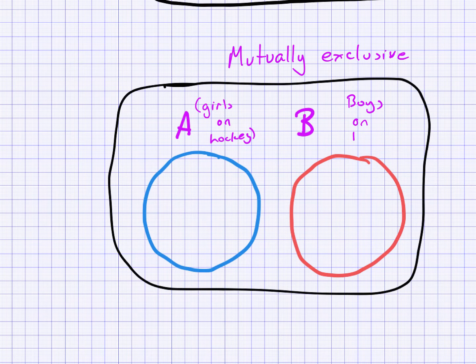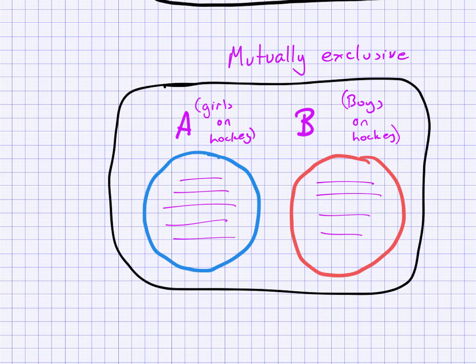All right, so you can see that there are going to be no crossovers in that region. These are going to be all the people on this team, and these are going to be all the people on that team. You can't have someone playing for both teams, okay? So that's a mutually exclusive event.